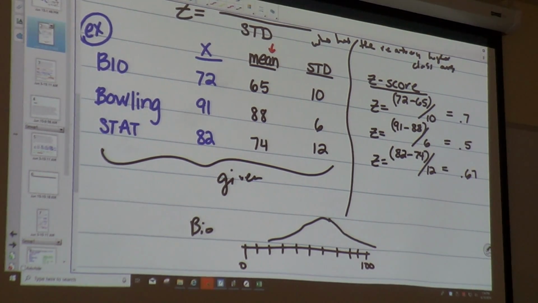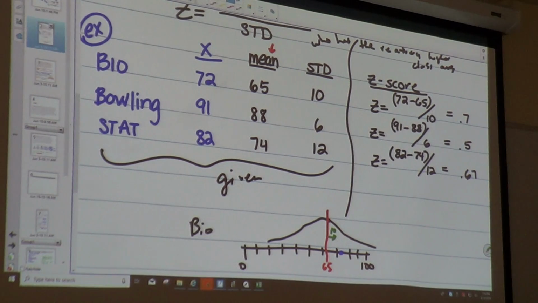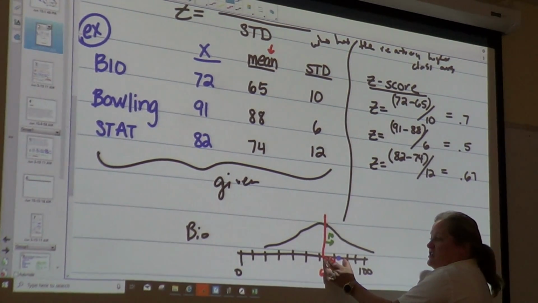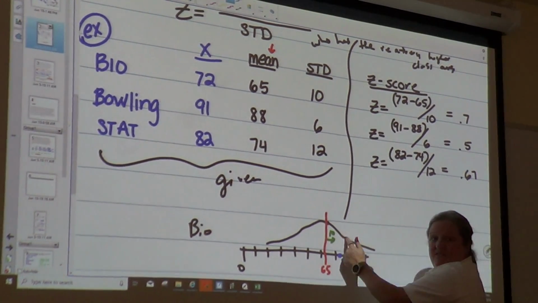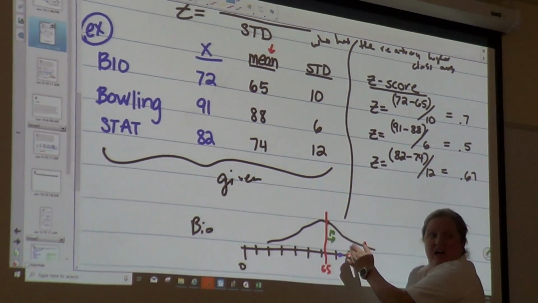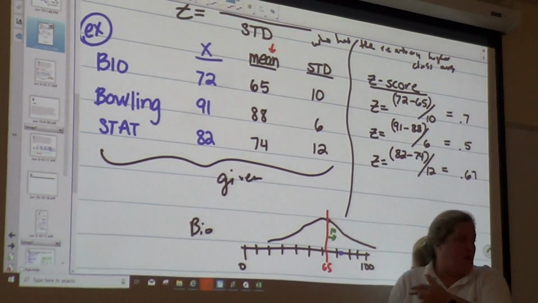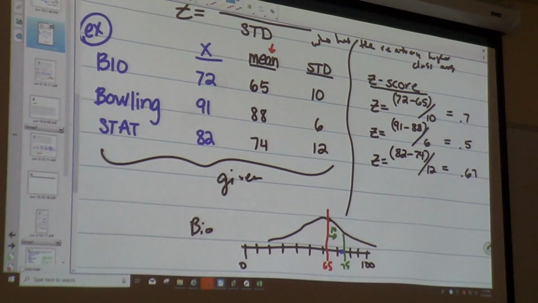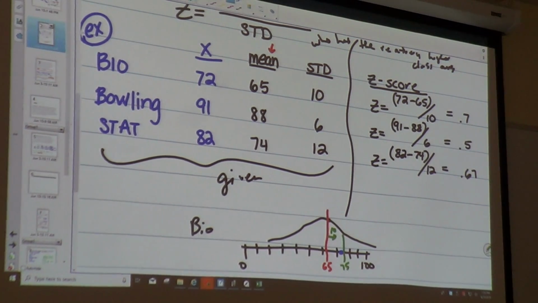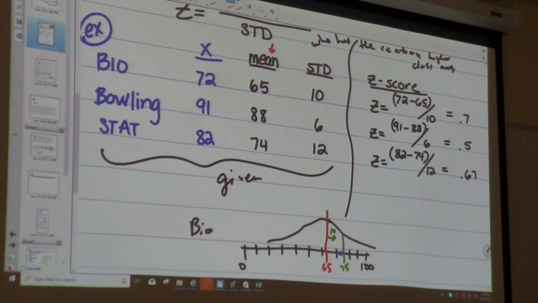You with me? So there's my mean of 65. My data point is 72, and my standard deviation is 10. Cool? So if this is 65 and my jump is 10, where's my first line going to be? Right behind you. 75. At 75. So do you agree that this person is not a whole jump? Yes. Okay? This next line is going to be right here at 75. So this person is a little less than a jump away from the class average. We good? Let's look at bowling.